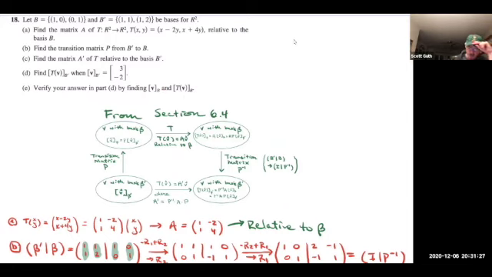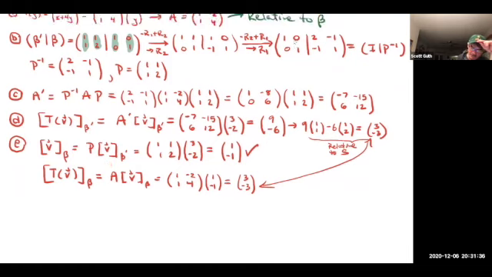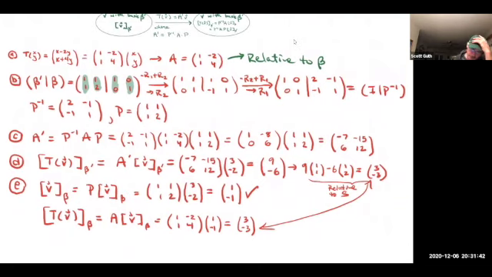So we're just going to do this new transformation. As I said, V relative to beta is P times V relative to beta prime. That should not have a prime there, so it's fixed. So P was this up here, the 1, 1, 1, 2. So I've got that down here.